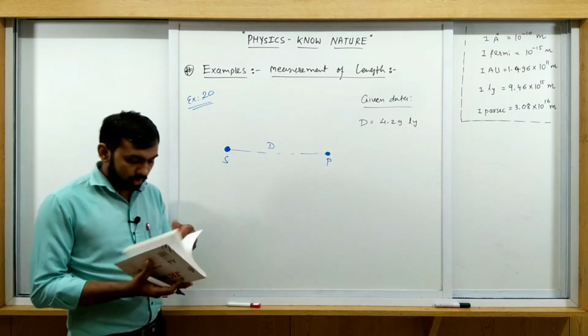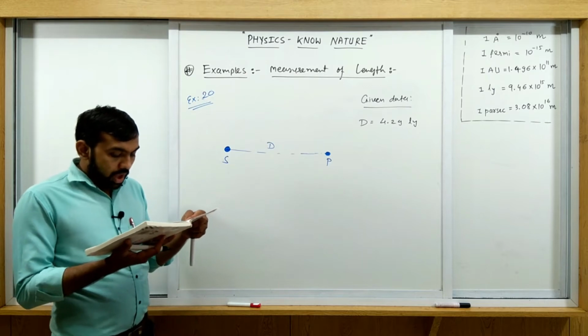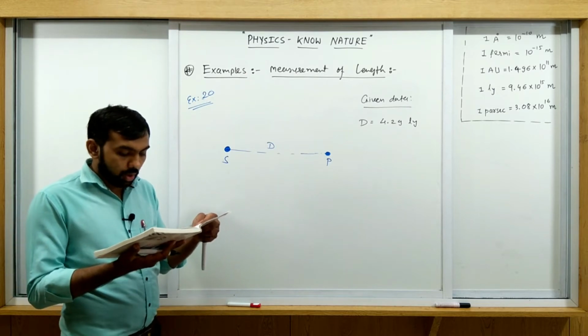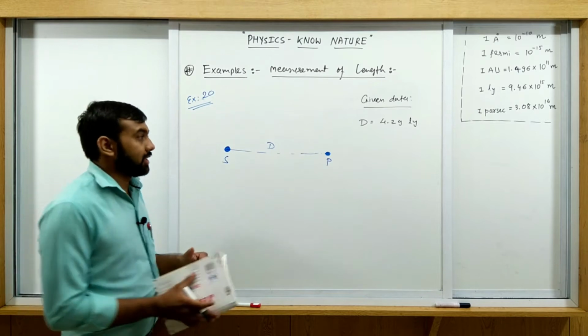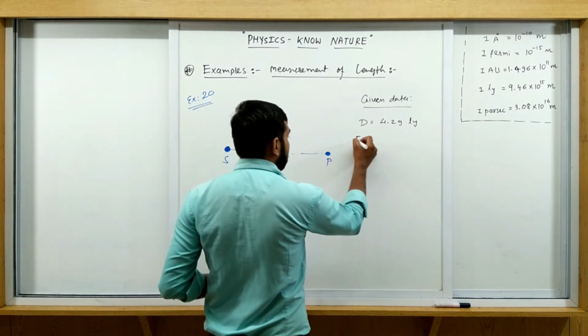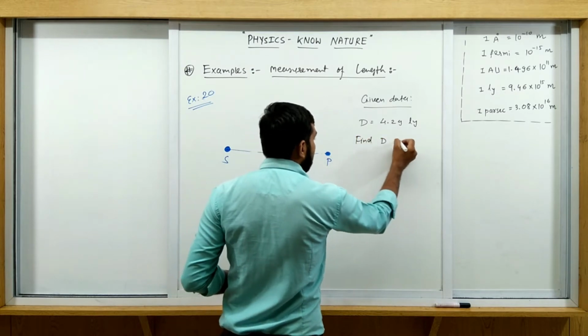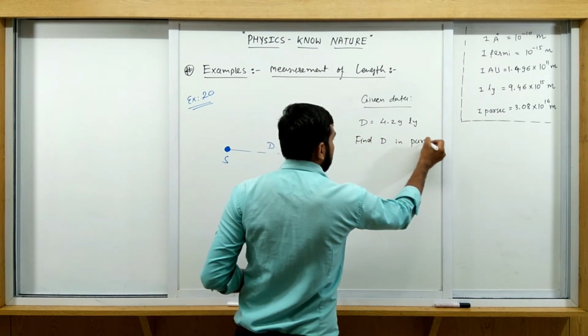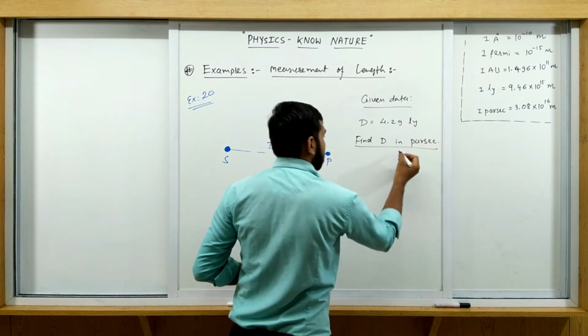Okay, this is given to us. Now how much is the distance in the parsec? So we have to convert this distance into parsec. So find D in parsec. First question is this, find out this one.